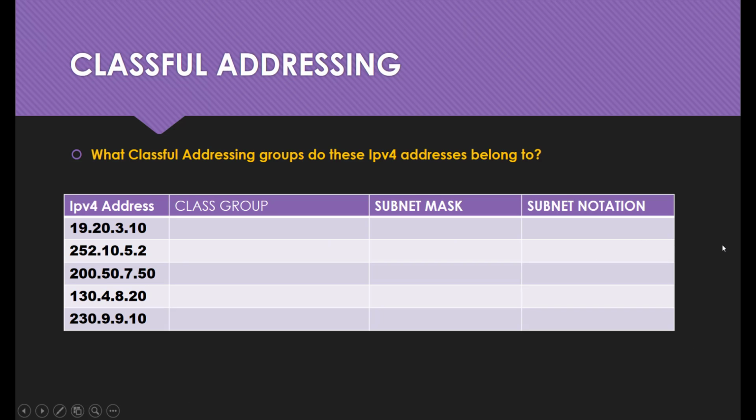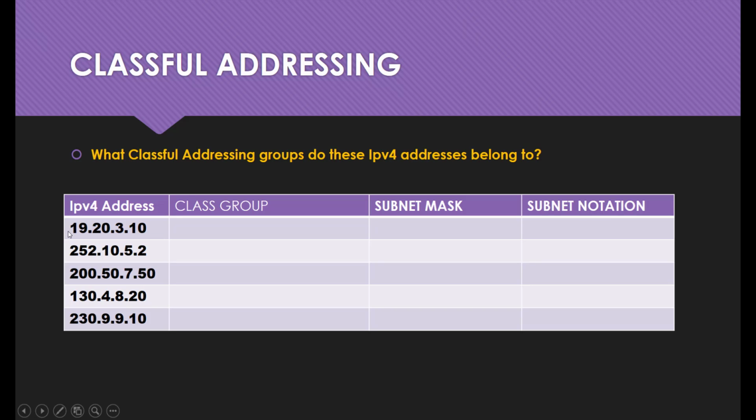So let's try our hands on this and see if we can address these IP addresses into classes. So it says, what classful addressing groups do these IP version 4 addresses belong to? So looking at the first one, we can see that the first octet is 19.